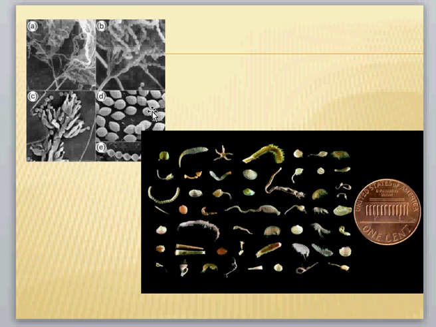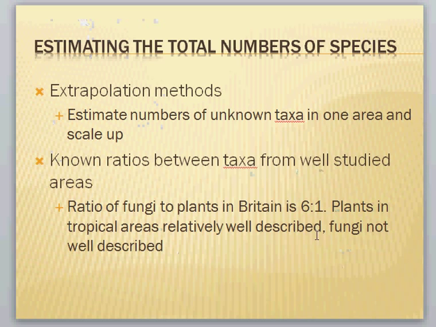So how many species are there? Are we going to have to wait until we describe every species on Earth before we know how many species there are? Well, we're actually fighting against the clock, because as we will see in the next lecture, there are many parts of the world where habitat is being destroyed, and many different species are driven to extinction without us even knowing that they're there.